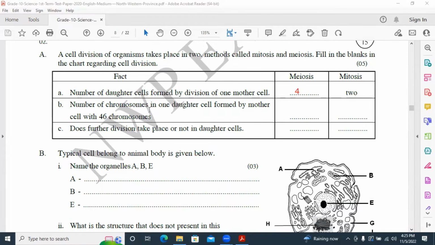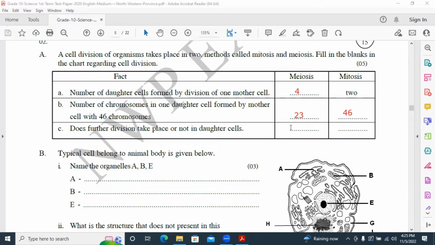Number of chromosomes in one daughter cell formed by a mother cell with 26 chromosomes. In meiosis it is halved, so the answer is 13. In mitosis, the same number of chromosomes can be seen in the daughter cells. Does further division take place or not in the daughter cell?